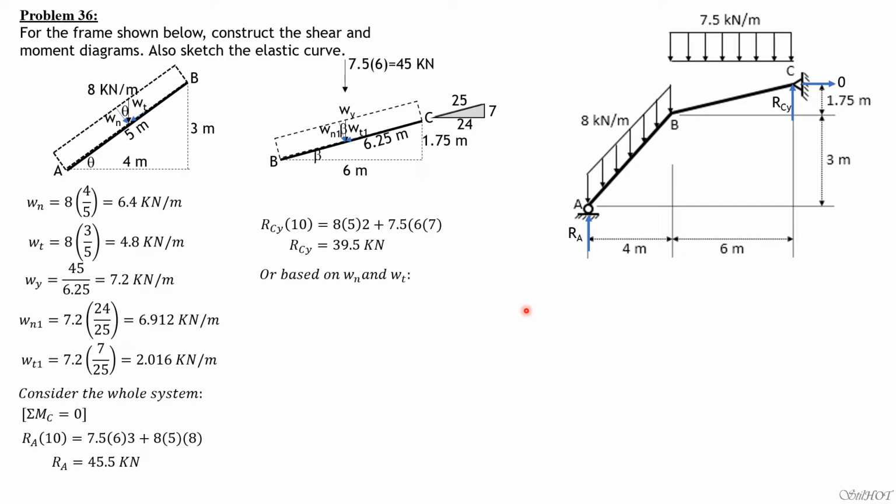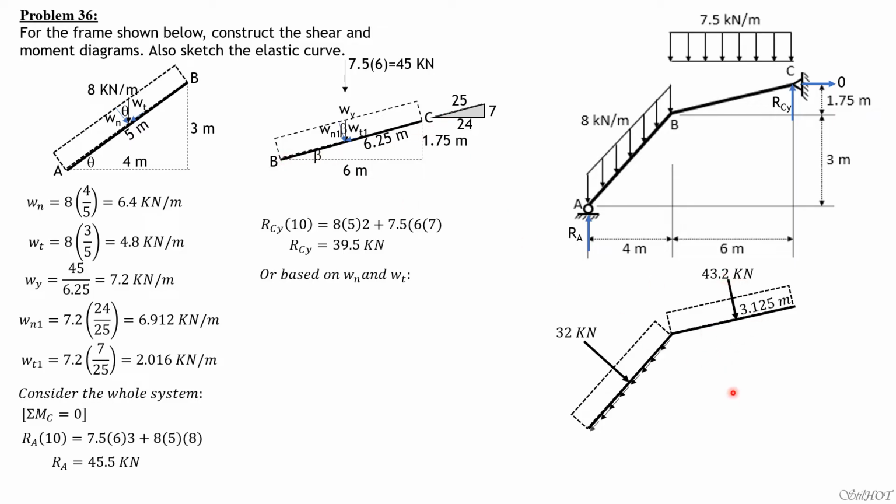Then, based on Wn and Wt, Wn is 6.4 times 5, which is 32. Then here Wn1 is 6.912 times 6.25, the length of BC, which is 43.2 kilonewtons. Then this is the tangential load WT, which is 4.8 kilonewton per meter.